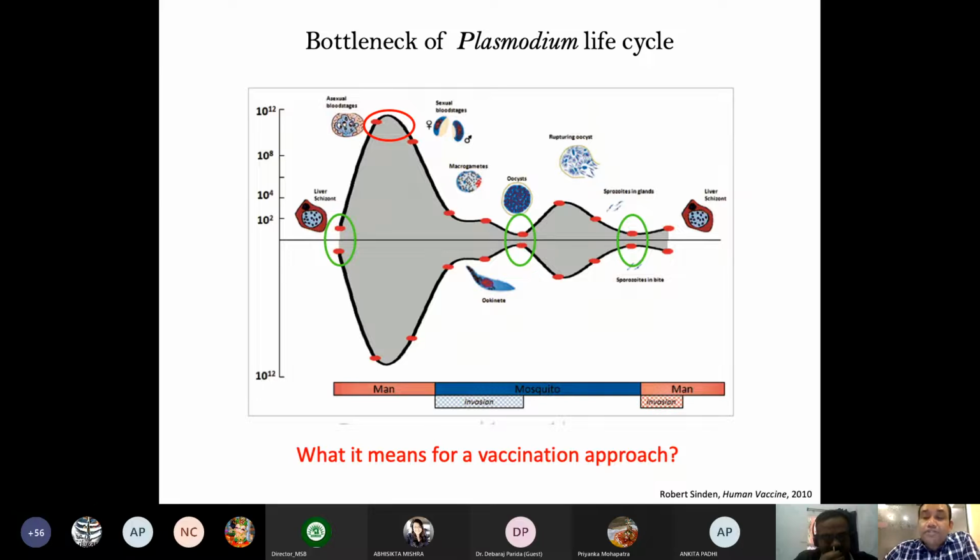People have used a similar approach, like chemoprophylaxis, against the blood stage. It works, but the impending threat for that approach is that the malaria parasite is now developing resistance against most of the drugs, including artemisinin, which is being used as a frontline drug.